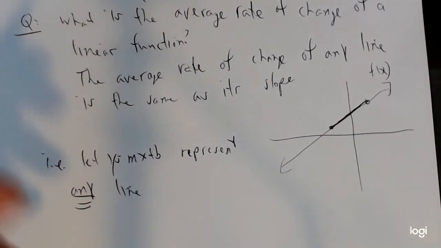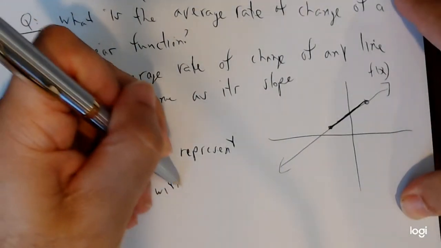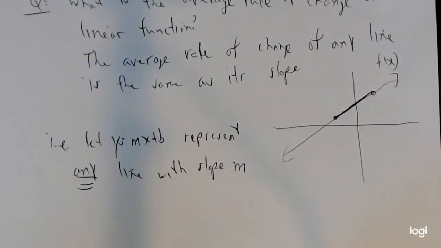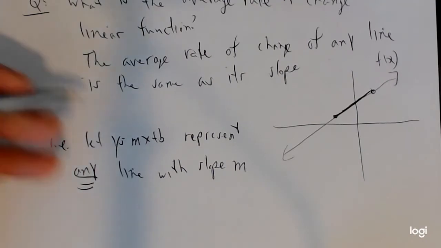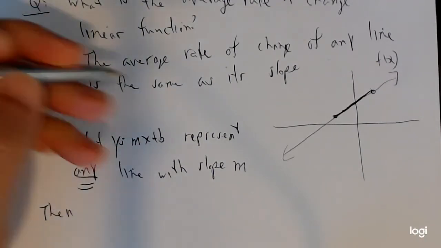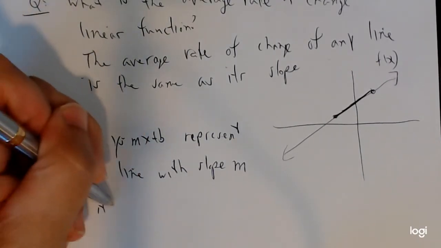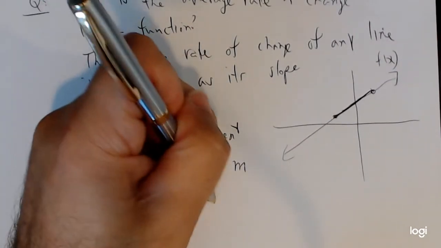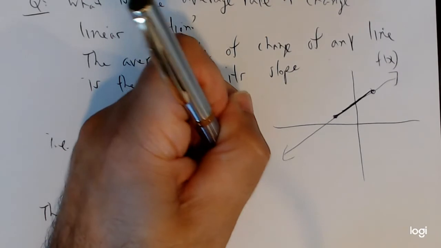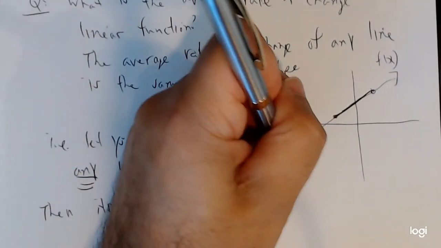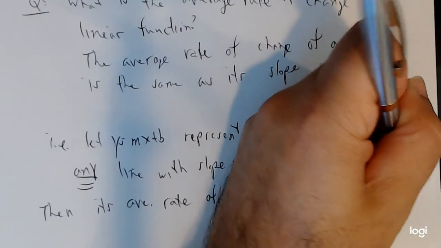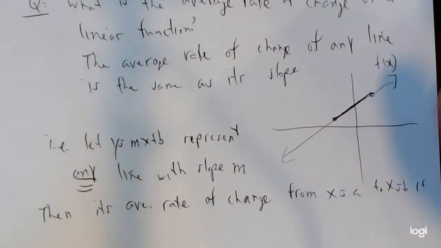Because we're saying it doesn't matter what the line is, okay? With slope m. So then we would say, well, let's pick any 2 points. Then its average rate of change from x equals a to x equals b is, and now let's use the formula.